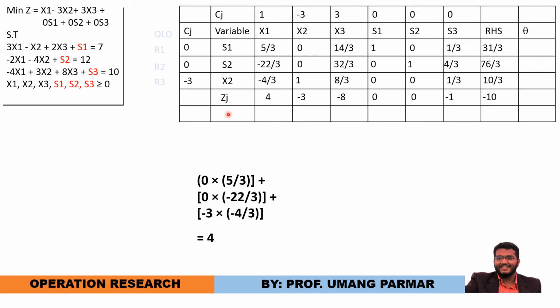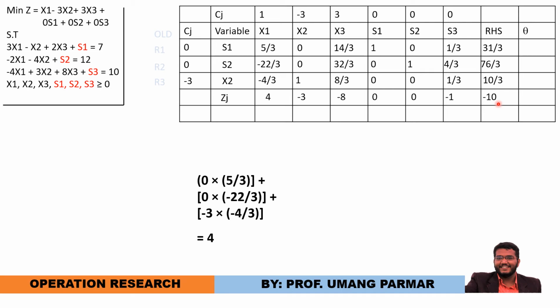So compared to the last result, the value of z has now decreased. And that's the ultimate aim, because our function is of minimization type. And our updated solution has three variables s1, s2 and x2, and their values are 31 by 3, 76 by 3 and 10 by 3.